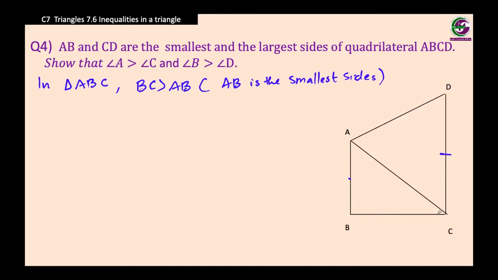So BC is longer than AB, which means the opposite angles follow. Let's call this angle 1 is greater than angle 2, because the angle opposite to the longer side is greater.